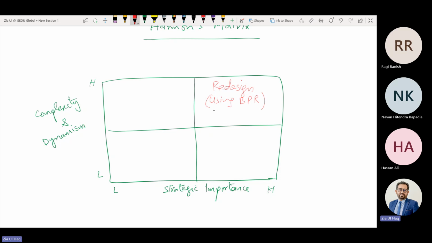What does that mean? Use of IT. Those processes which are strategically highly important, your primary and core activities, the survival of your business, and you are unable to tackle them because of high complexity and dynamism. So you need to move towards IT solutions.